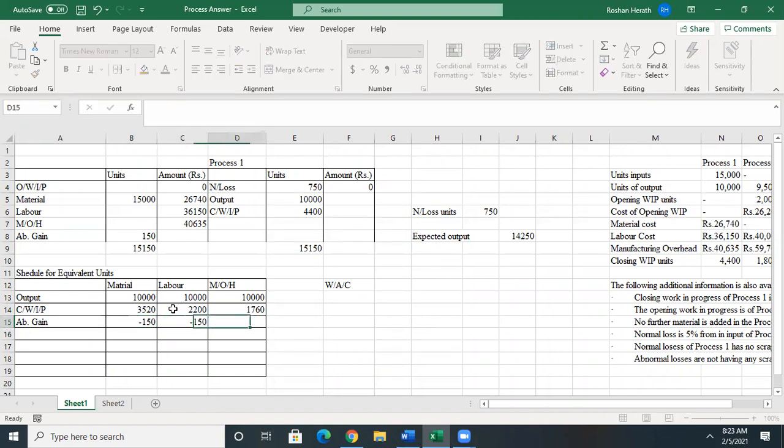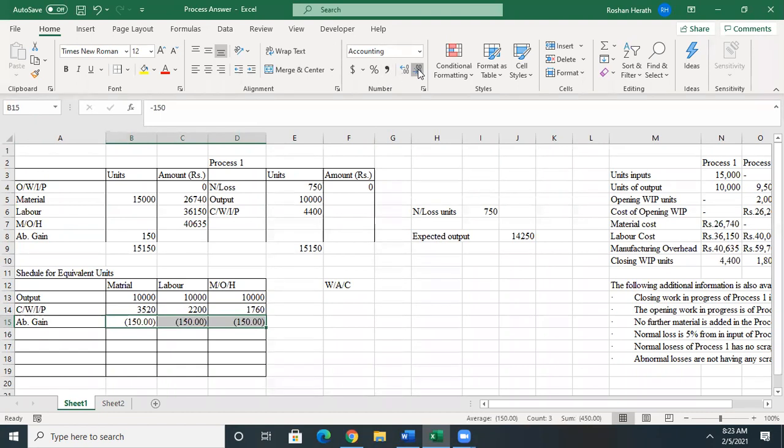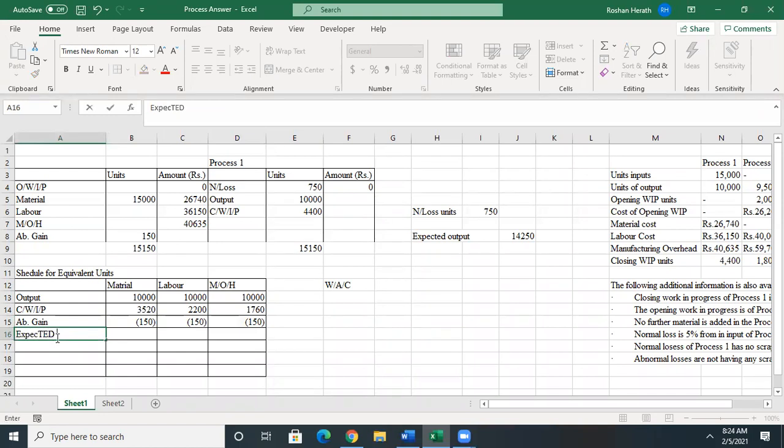It's completed, but it's abnormal in nature. Hence, you need to take it as a deduction. So with that, you have now identified the expected output.